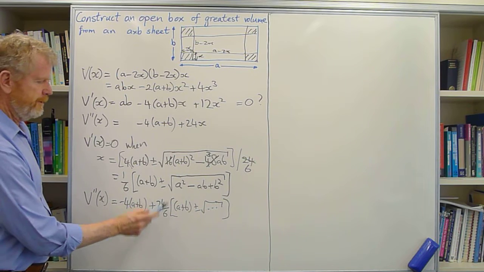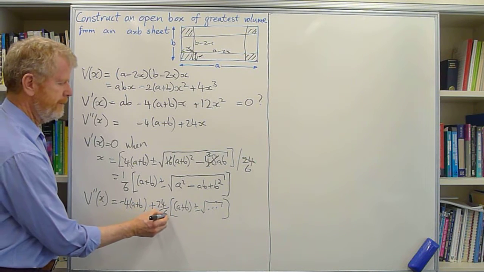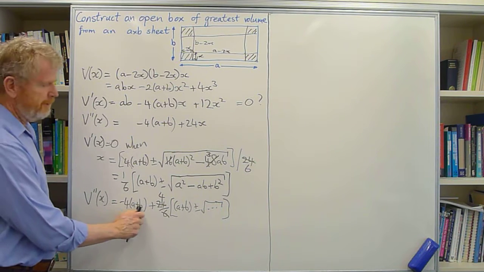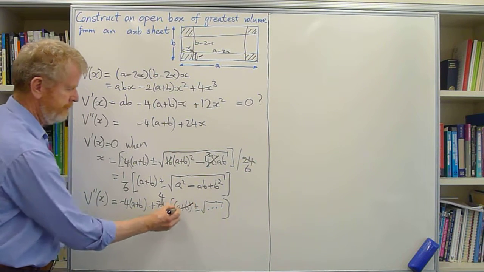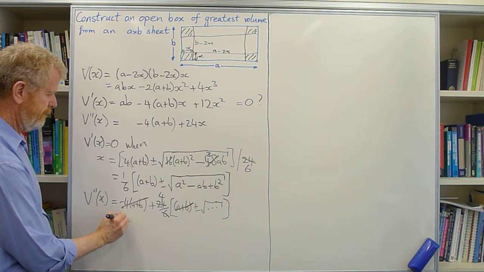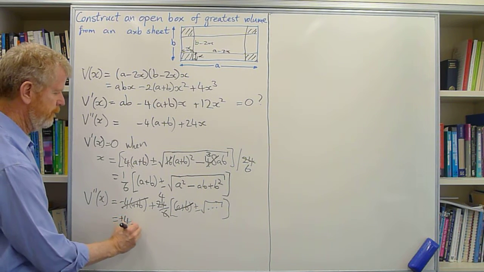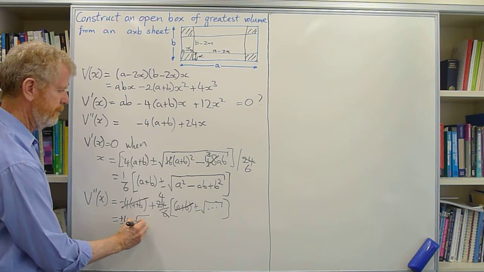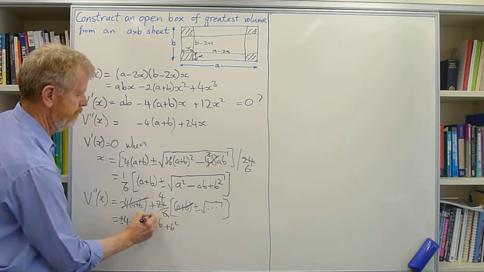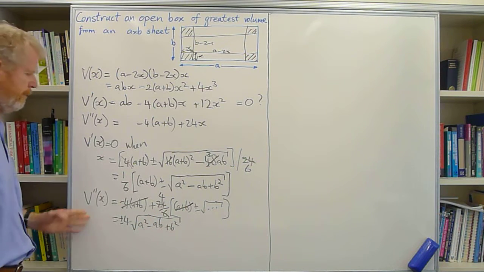Now, 24 divided by 6 is 4. And we've got minus 4(a plus b) and plus 4(a plus b), so that cancels, leaving us with just plus or minus 4 times the square root, which is a squared minus ab plus b squared.